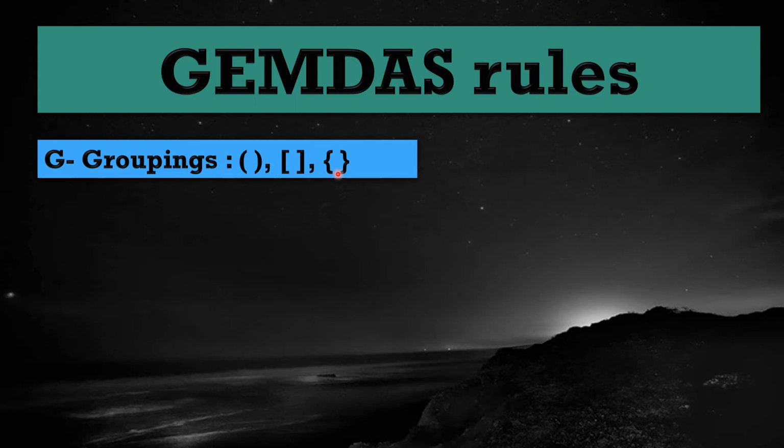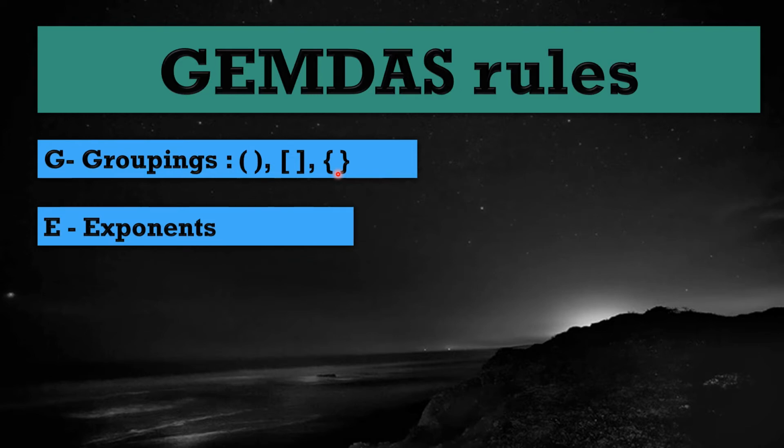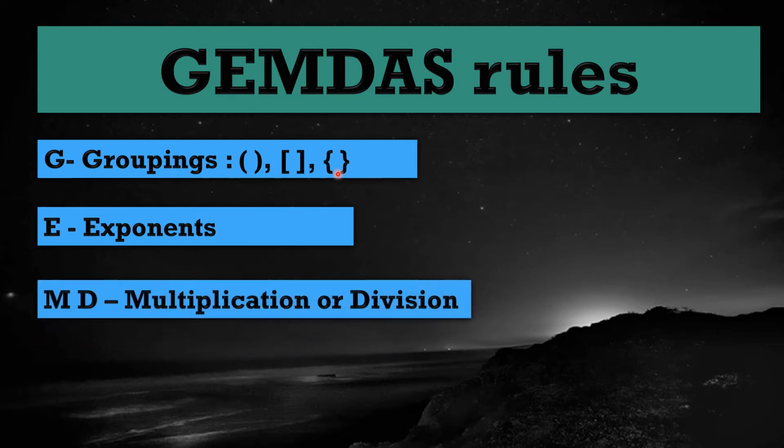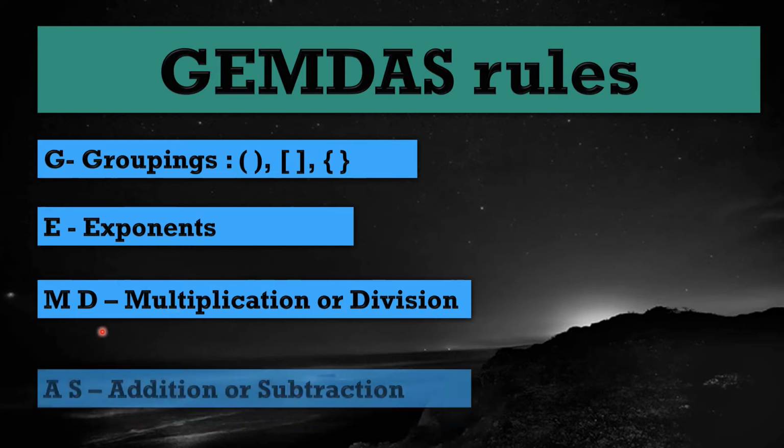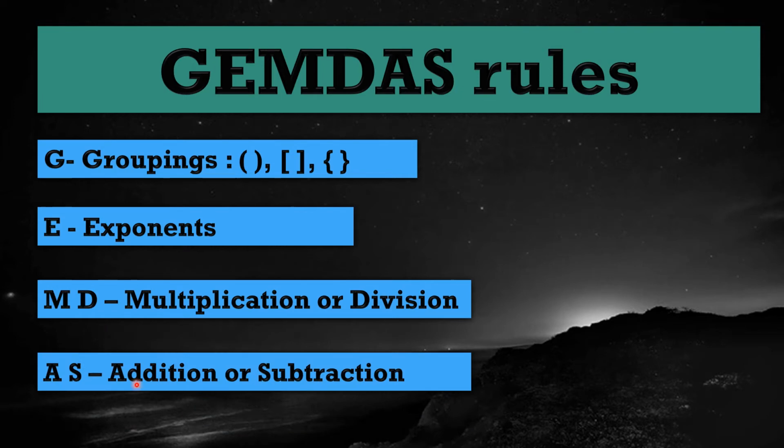Pagkatapos niyan, we have E for exponents. Ibig sabihin, ito yung mga number raised to the power of an exponent or in exponential form. So, kailangan natin silang bantayan. Pangatlo is the MD. So, MD stands for multiplication or division. So, we have AS, addition or subtraction.